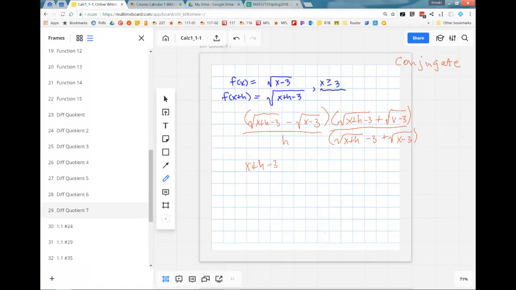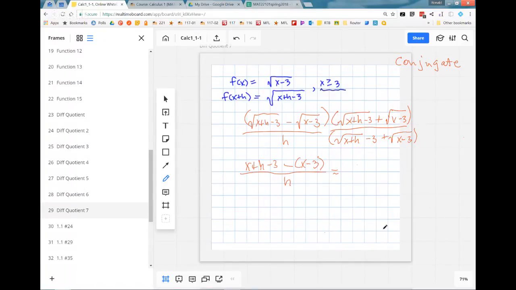It's that minus the other part squared. The square root of x minus 3 squared is x minus 3. And you notice we have h out from under the square root sign. When you simplify the top, what do we get? Well, x minus x, that's gone. Negative 3 minus a negative 3, that's gone.